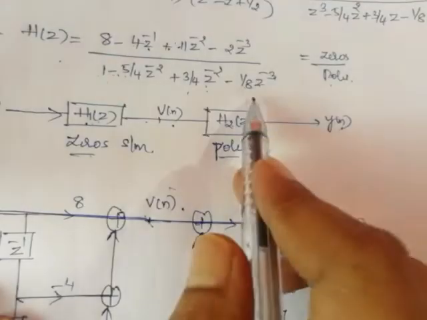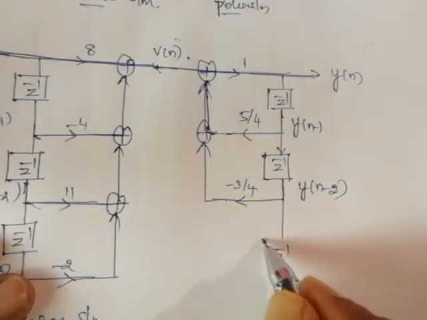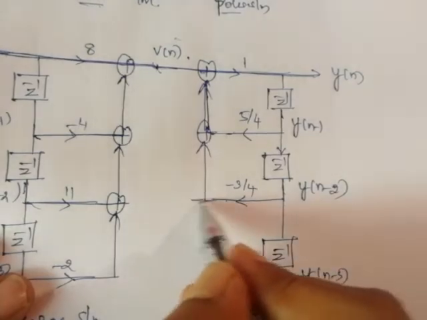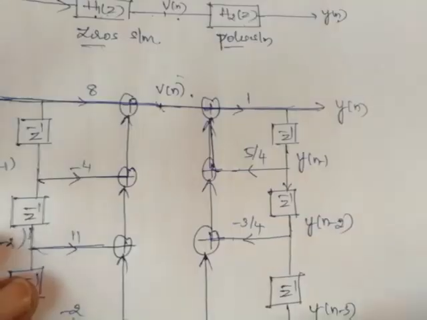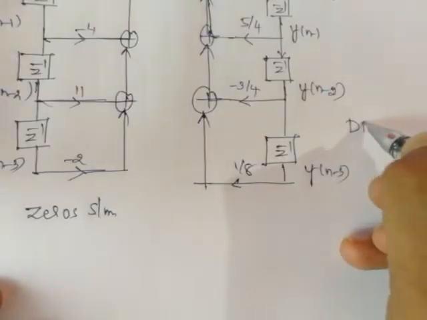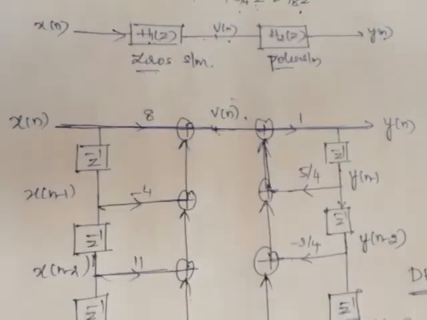Next, the third time delay. Here we get y of n minus 3. The coefficient term is minus 1 by 8, take plus 1 by 8. This is the direct form 1 realization.